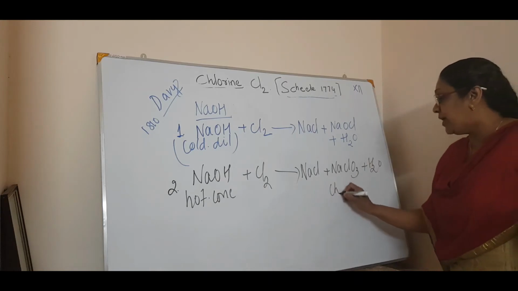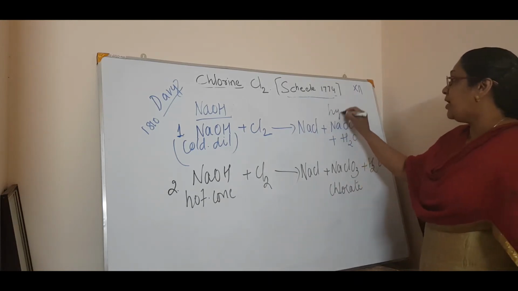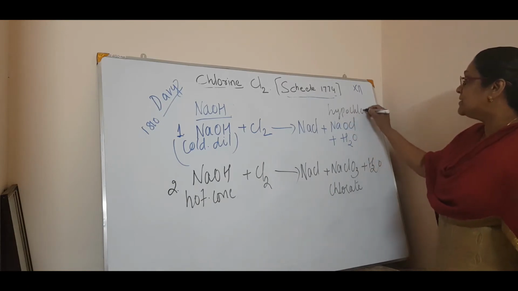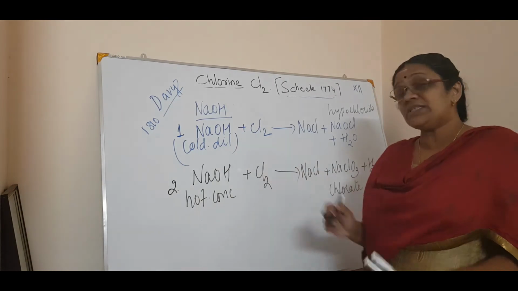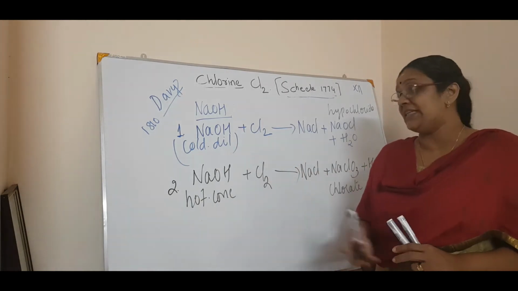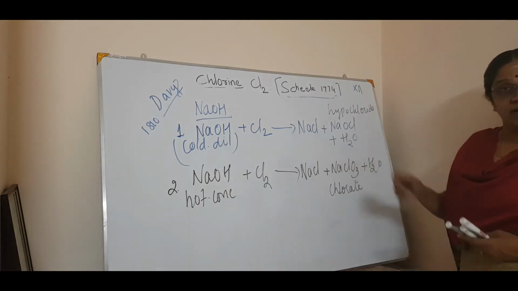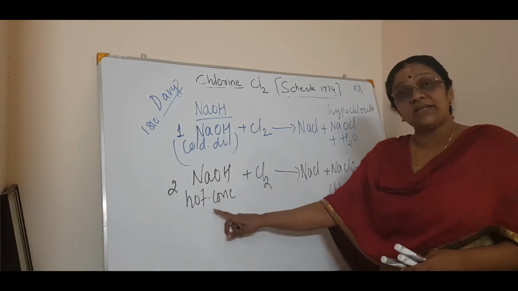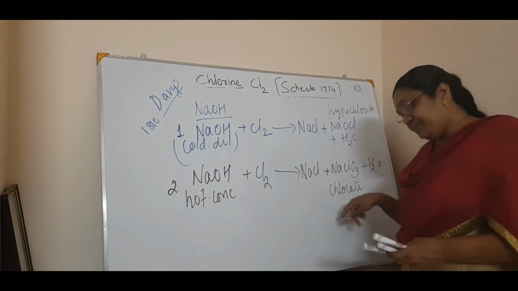This is sodium chlorate, and this is sodium hypochlorite. See, the reaction differs when the conditions are different. When the alkali is cold and dilute, you will get the hypochlorite of that. And if it is hot and concentrated, you will get sodium chlorate.